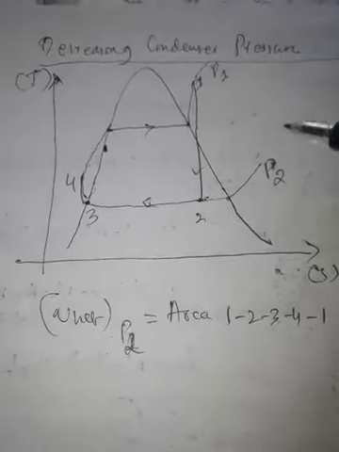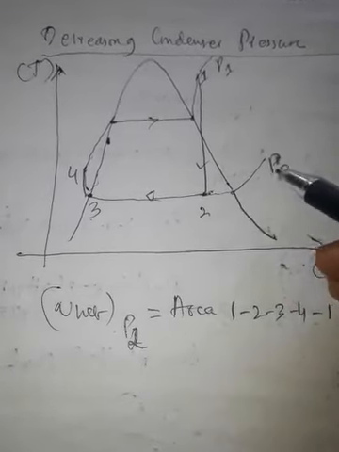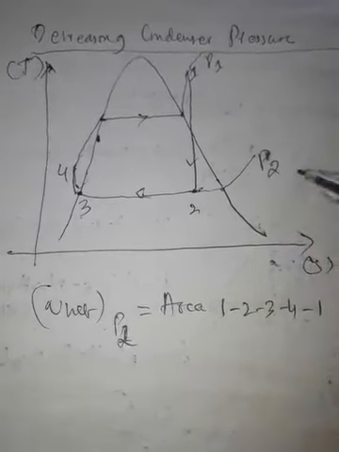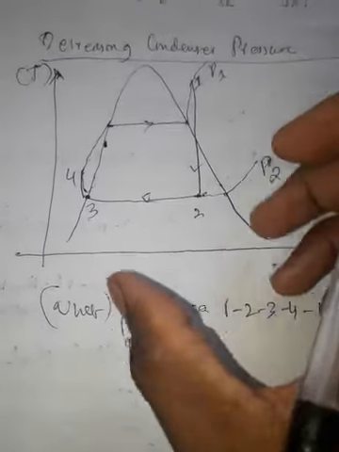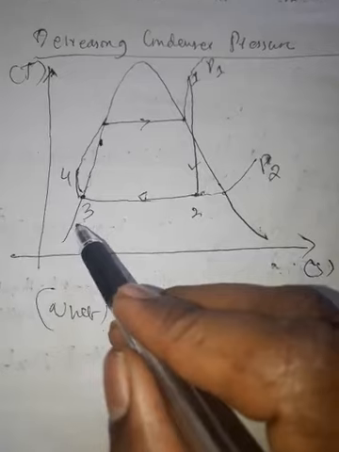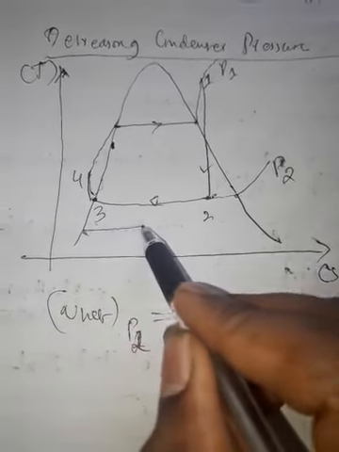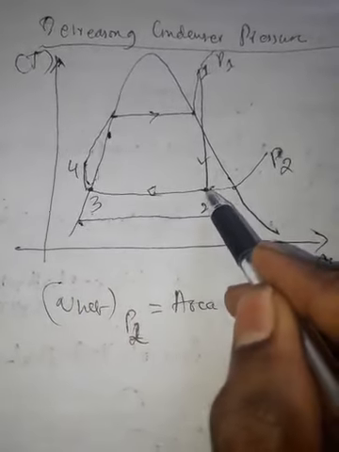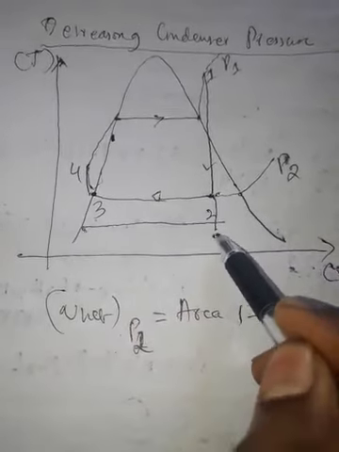Okay. So now let me decrease this condenser pressure P2 to P2 dash. When I decrease the condenser pressure, this is the new pressure line, that is 2 gets shifted to 2 dash.